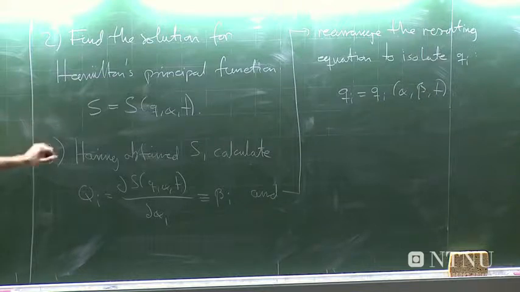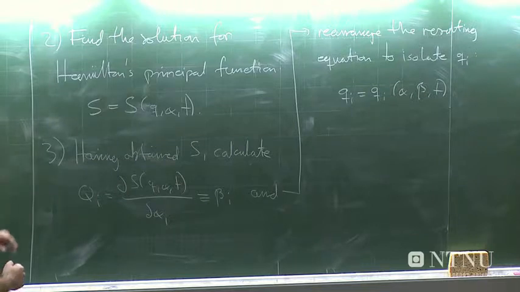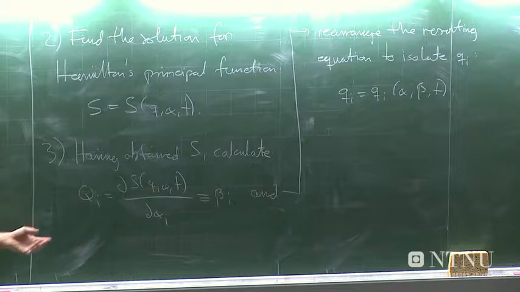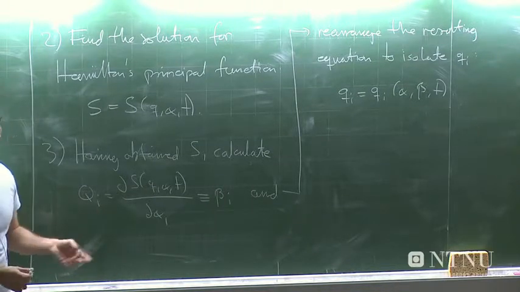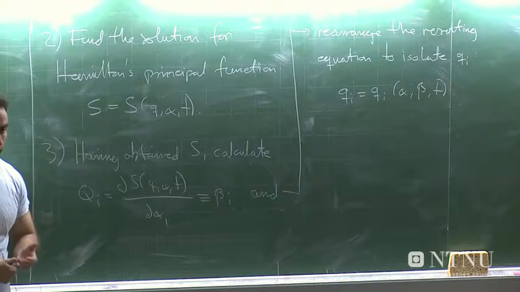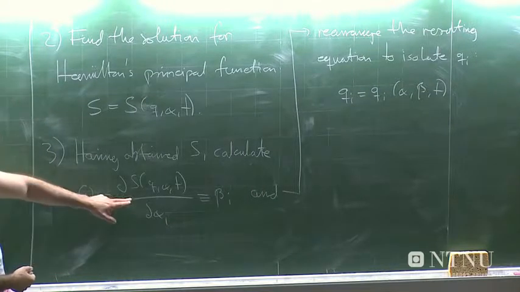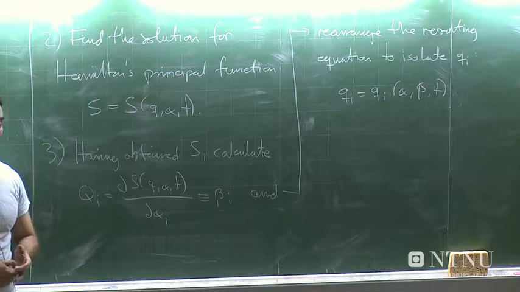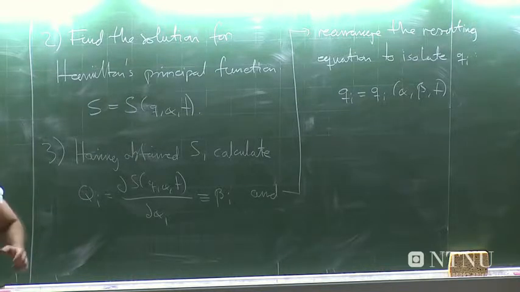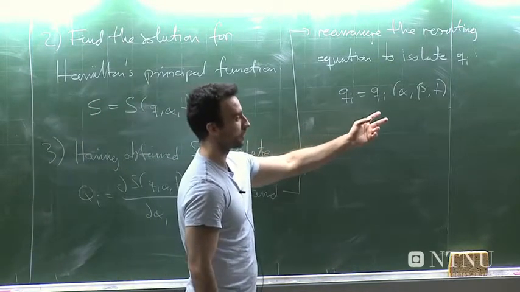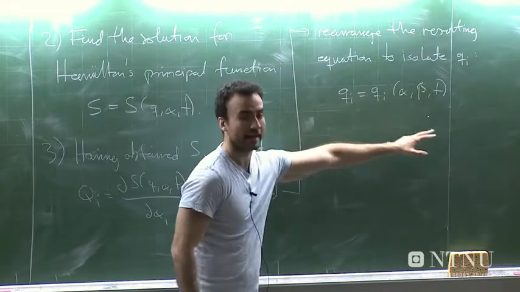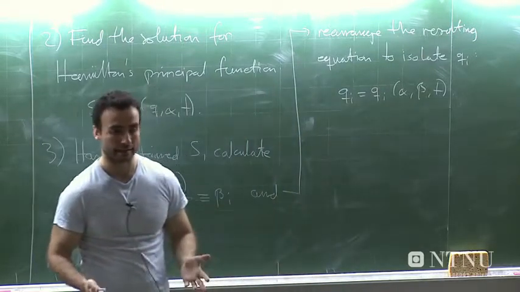The second step was to obtain Hamilton's principal function. The third step is, having now obtained S, to calculate large Qi, which is a constant, which we know from the equations of motion, calculated by taking the partial derivative of S with respect to alpha, and then rearrange the resulting equation in order to isolate Qi, so that you find Q as a function of only integrational constants and time, meaning you have now established the time dependence of Q.